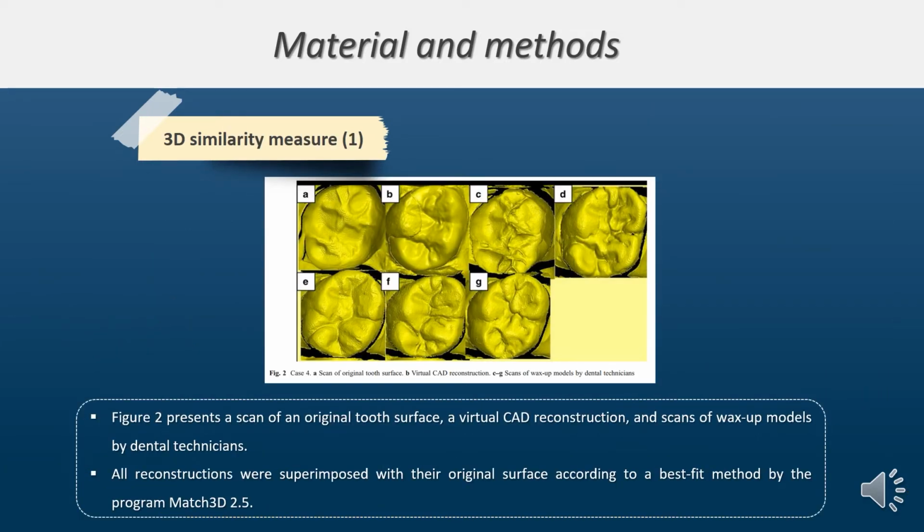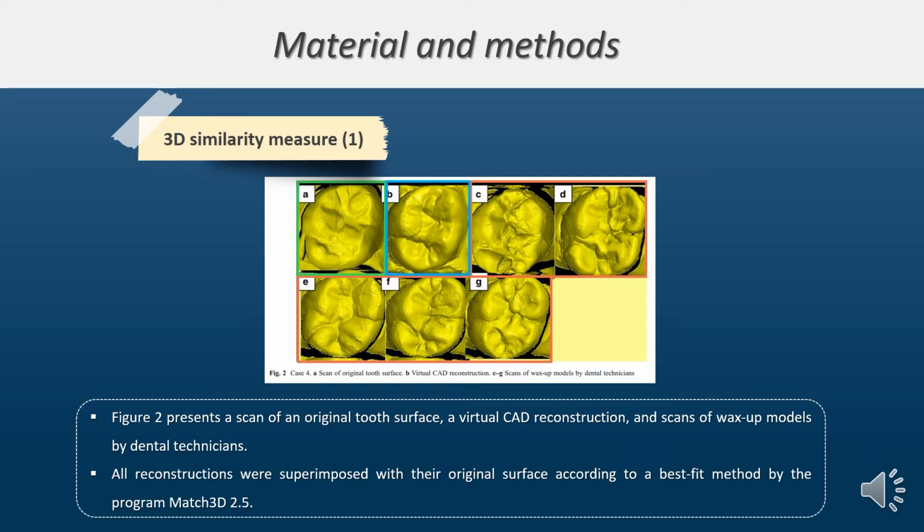This figure shows the scan data obtained by different means. Figure A represents the original tooth surface. B is for virtual CAD reconstruction, and C to G are scans of wax-up models by five dental technicians.